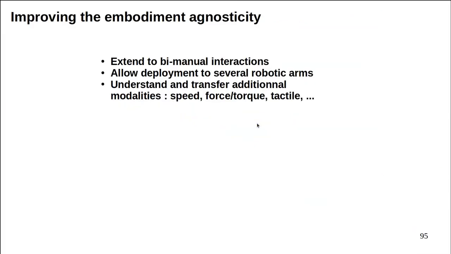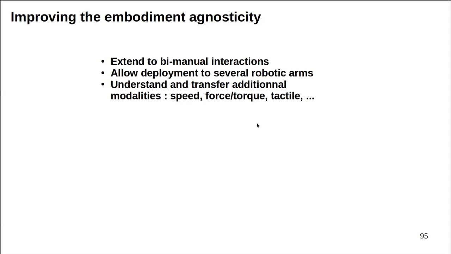And then we have a lot of other limitations on the embodiment agnosticity of our approach. First of all, as I said, we had demonstrations that were performed with a single arm and reproduced by single-arm robotic platforms. So we could extend it to bimanual interactions. We could also try to incorporate additional modalities, such as the speed of the operator in the scene, because it was clearly lacking in our demonstration understanding pipeline.